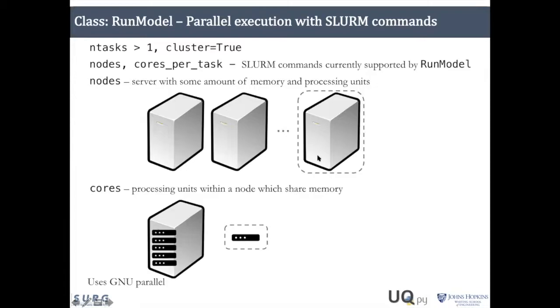So all the cores within one node share memory, as well as each of these cores has its own memory allocation. So these two commands are currently supported in RunModel. You can specify how many nodes to use and how many cores to use per task. For example, if there's a finite element model and each execution of the model has to occur in parallel, you can specify how many cores to use to parallelize each execution of the model by setting cores per task to that integer value.